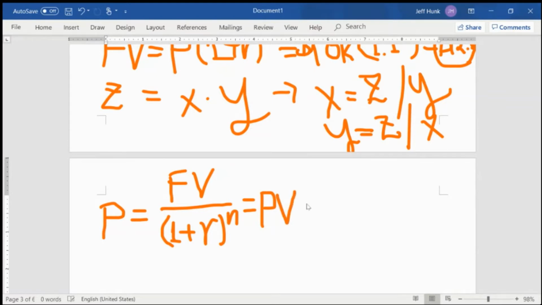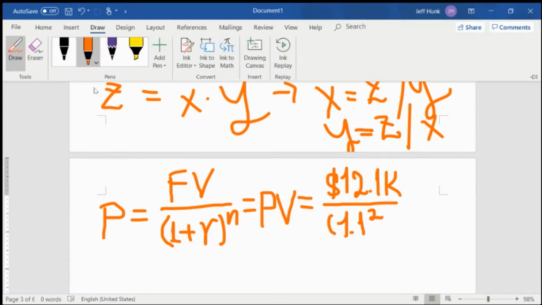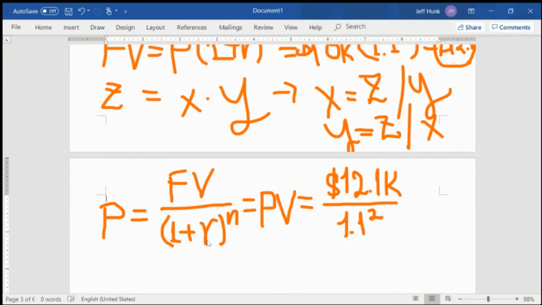So in our example, to find present value, all you need to do is divide 12.1K by 1.1 raised to the power of 2. I don't need the parentheses here, because it's obviously a number.